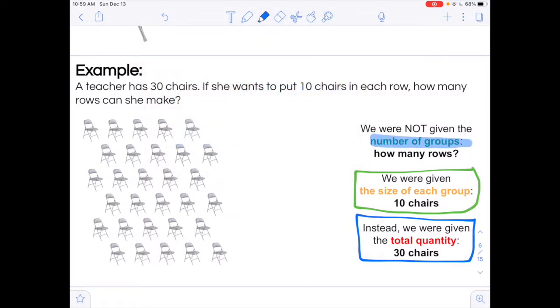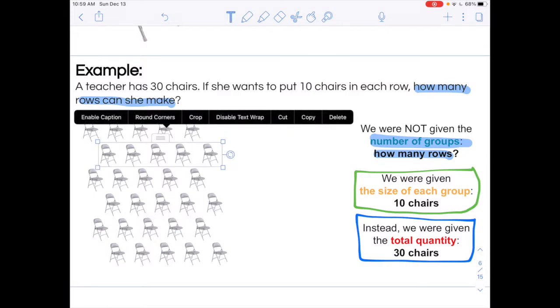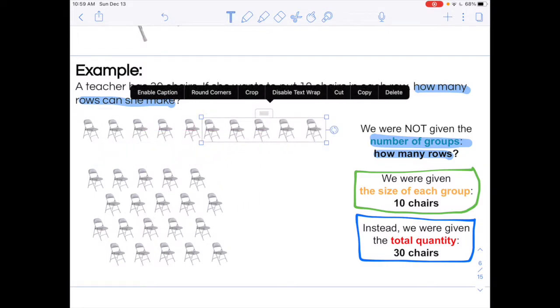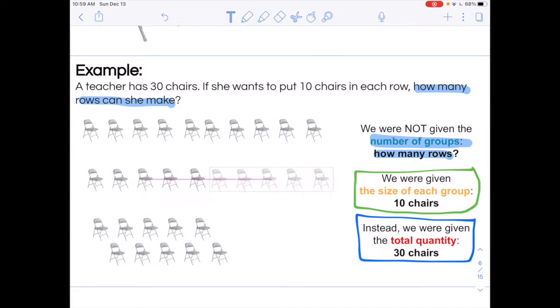I know that because it says how many rows. I also know because I know how many there are altogether and I know how big each group should be. So if I was going to solve this problem, I would grab some chairs and make rows of 10. So there they are, right? See how I did some moving around?